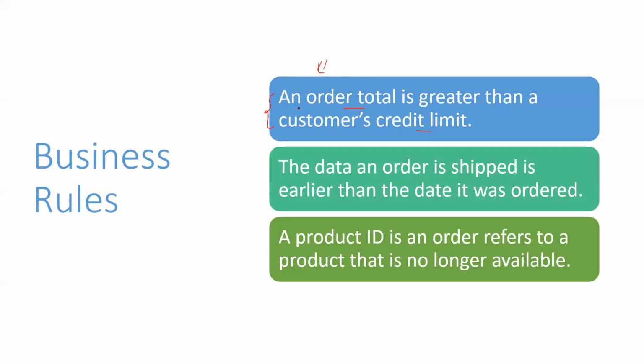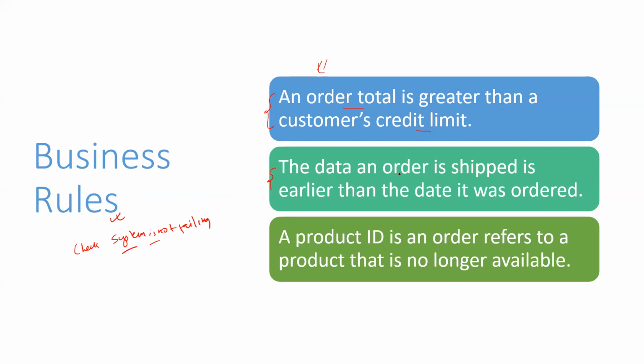We should not have such a condition. The business rule is there to make sure my system is not failing, so we need to have that business rule implemented.